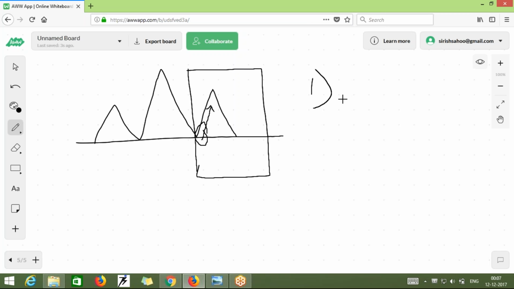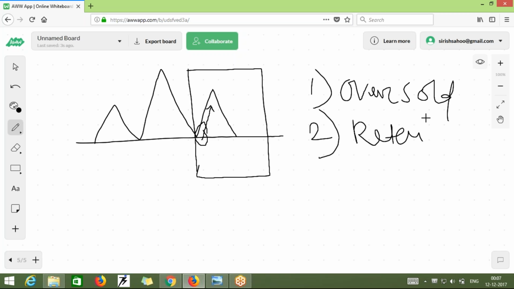One is people who are thinking it is in the oversold region. The second is the retail traders who only follow, and a few momentum traders who would definitely trade for a few bucks.